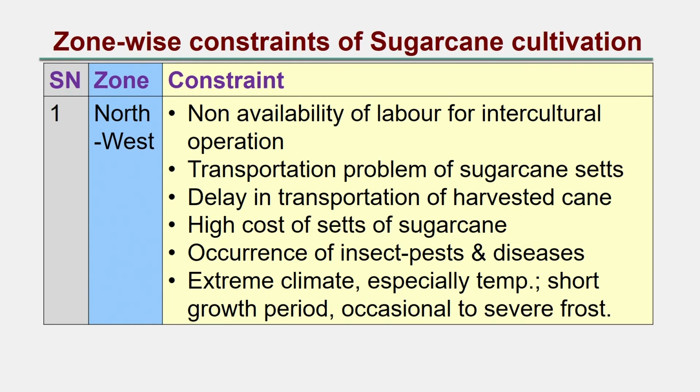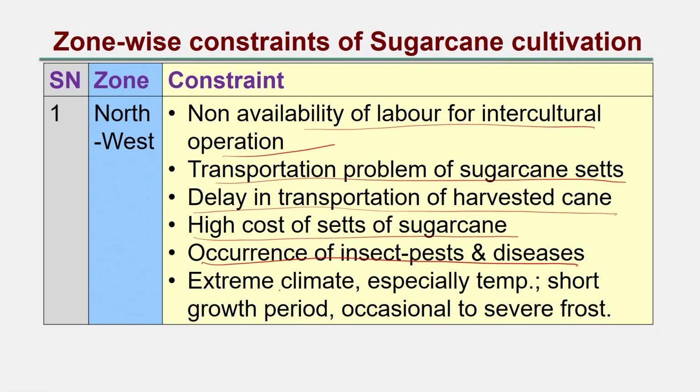Here the topmost constraint could be non-availability of labor for intercultural operation, then transportation problem of sugarcane sets, delay in transportation of harvested cane, high cost of sets of sugarcane, occurrence of insect pests and diseases, extreme climate, especially temperature, short growth period and occasional to severe frost.